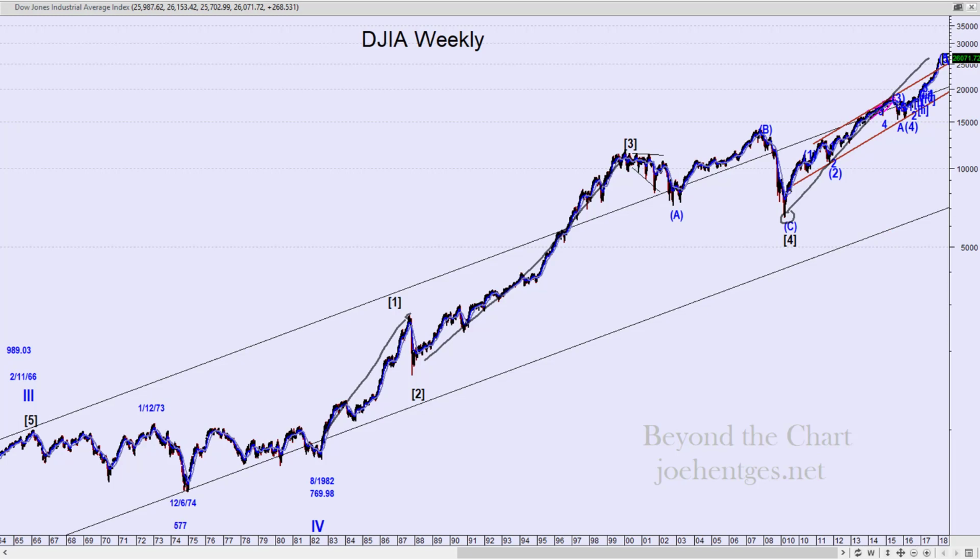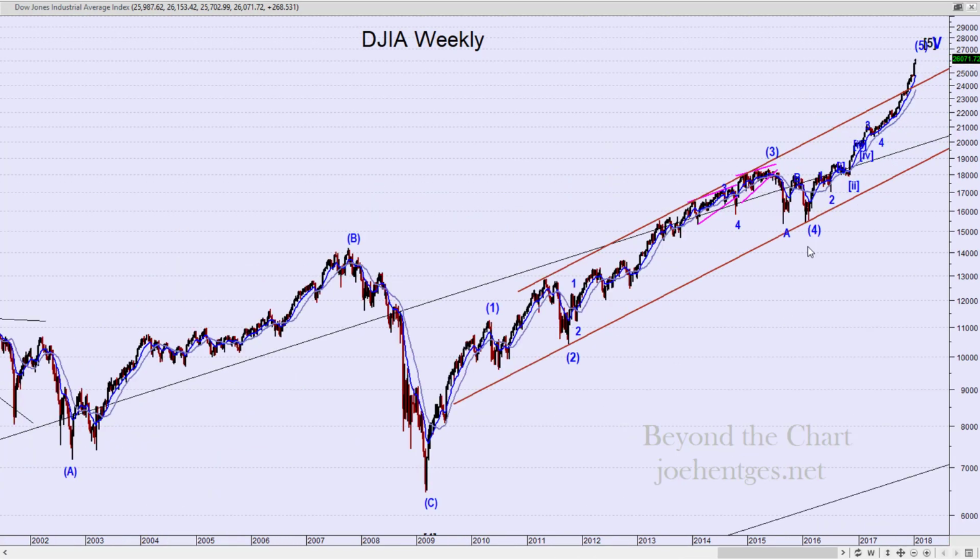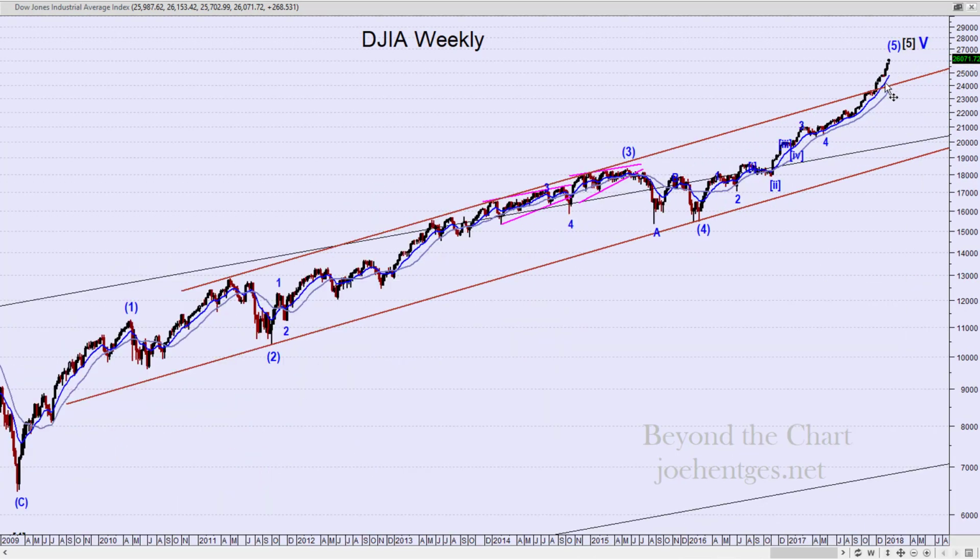So let me just cross out of this for a minute, go back to my mouse so I can zoom in a little bit. You look at it and say, okay, the high from this last week of 26,153 compared to the intra-week low in the week ending March 6th, I believe it was, yes, we are 4.04 times.